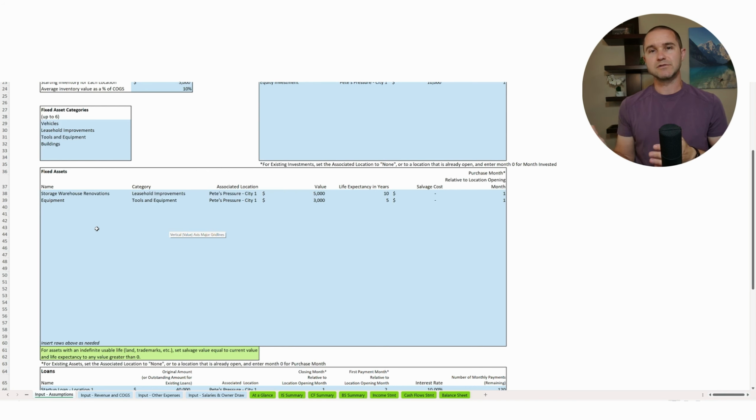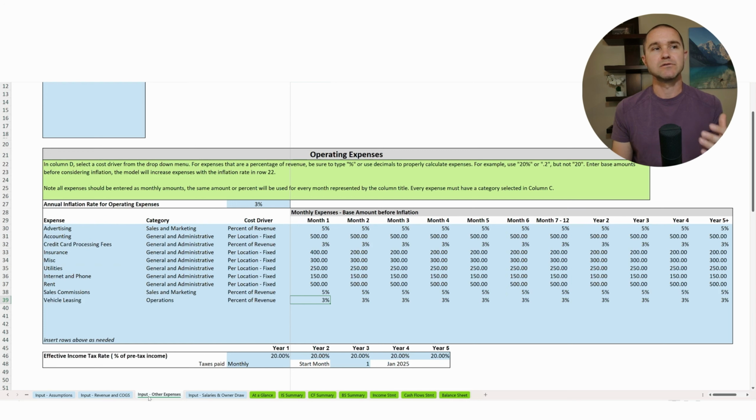Each time you add a new staff or a new location, you need to add in additional vehicles that you're purchasing. Whereas if we assume we're going to lease our vehicles, we can just say, okay, we're going to spend roughly 3% of revenue on vehicle leases. And we know, as revenue increases, we're going to need more vehicles. And so that just scales automatically.